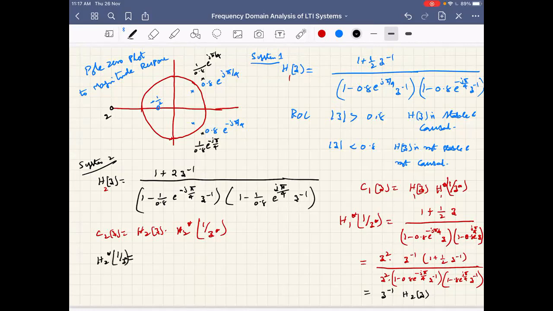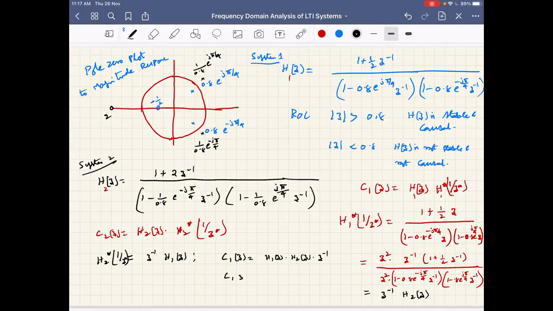What you see is H1 of Z into Z inverse. Okay, and hence now, if you write C1 of Z, what you have is H1 of Z into H2 of Z into Z inverse.